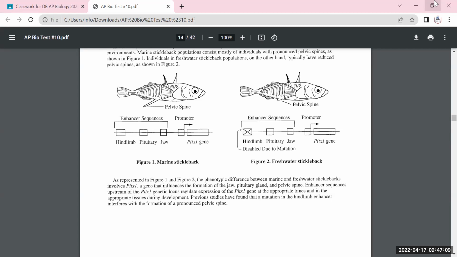The phenotypic difference between marine and freshwater sticklebacks involves PITX1, a gene that influences the formation of the jaw, pituitary gland, and pelvic spine. Enhancer sequences upstream of the PITX1 genetic locus regulate expression of the PITX1 gene at the appropriate times and in the appropriate tissues during development. Previous studies have found that a mutation in the hind limb enhancer interferes with the formation of a pronounced pelvic spine.